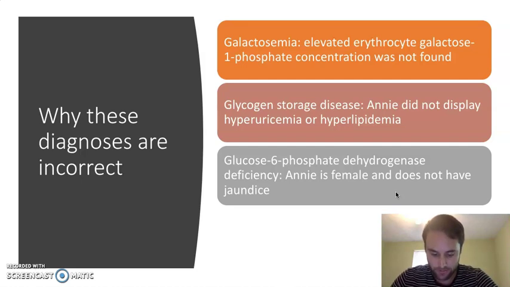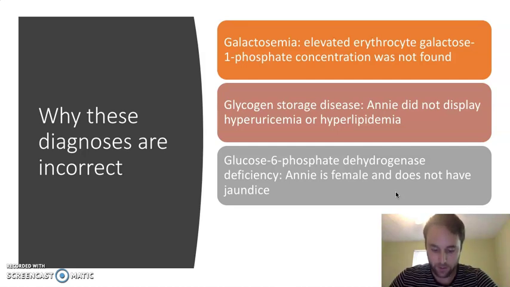Glycogen storage disease also presents much like hereditary fructose intolerance, but symptoms also often include hyperuricemia and hyperlipidemia, which were not mentioned in Annie's case.